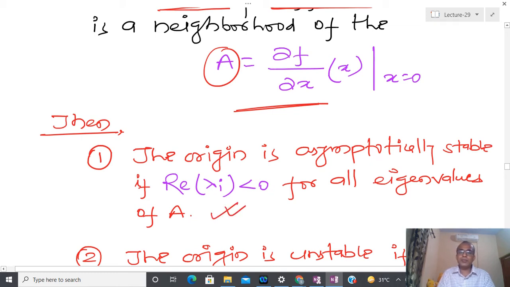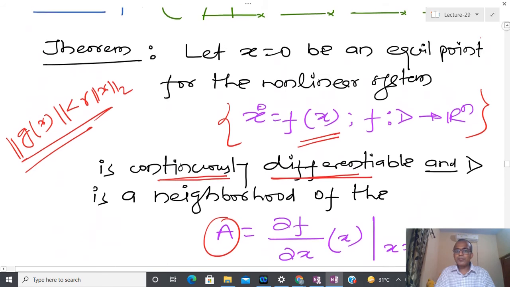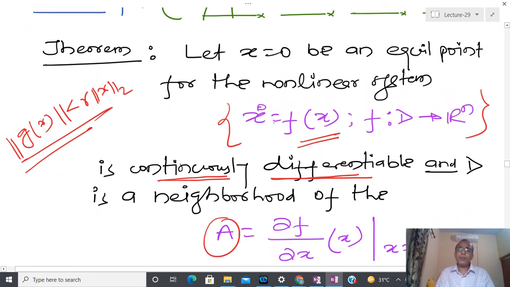If this condition is satisfied, then I can talk about the asymptotic stability of the origin of the original nonlinear system.